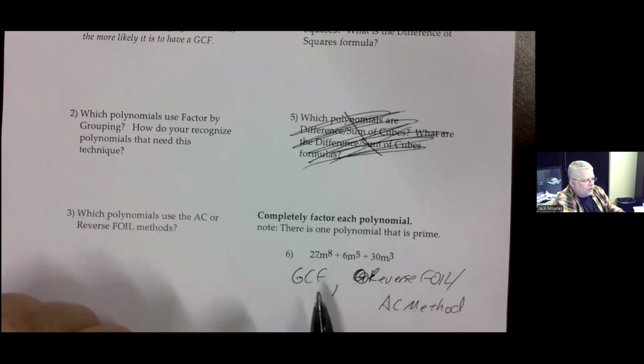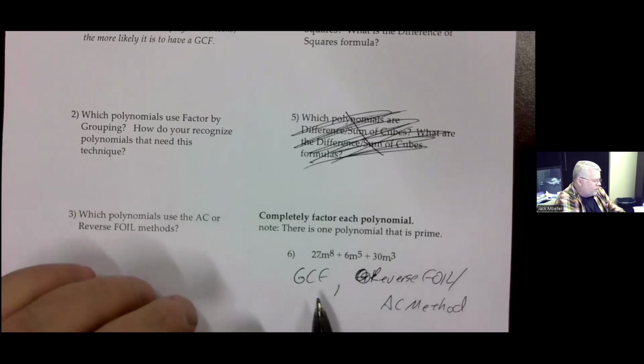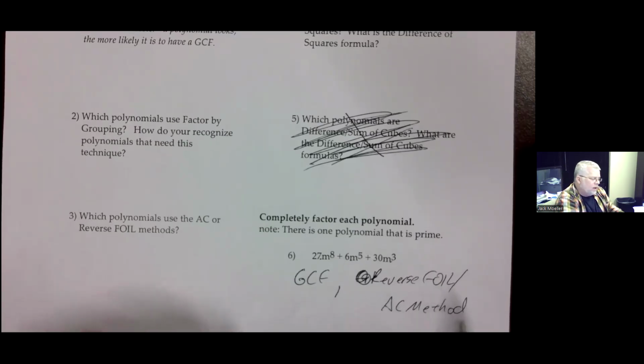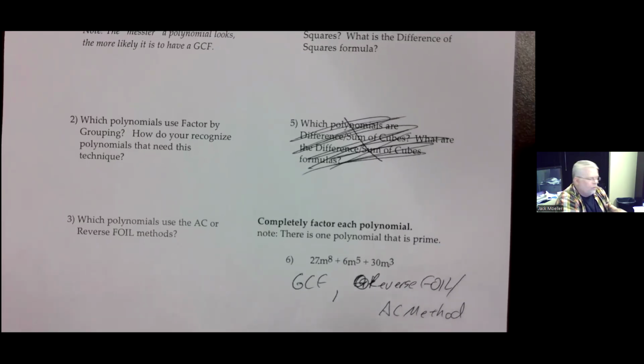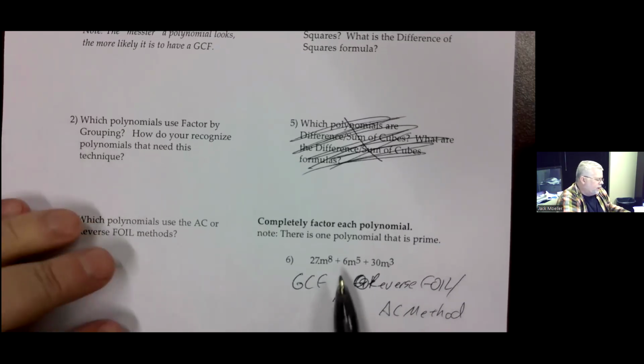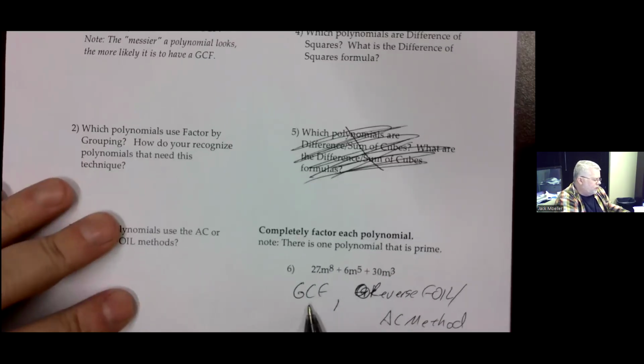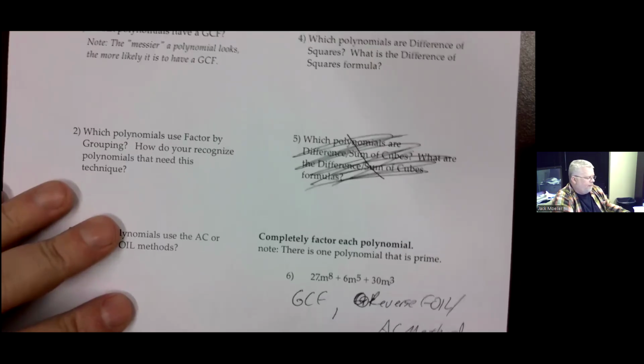This could be just a GCF problem, or it could be a GCF problem and you have to factor the trinomial afterwards. So you have to get in the habit, when you factor out GCFs, of checking whether what you have left can factor again, and we'll talk about that. But that's a trinomial, so it could be one of those 2 methods. There's definitely a GCF.